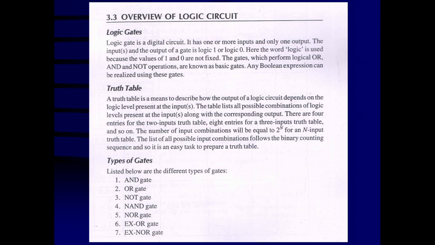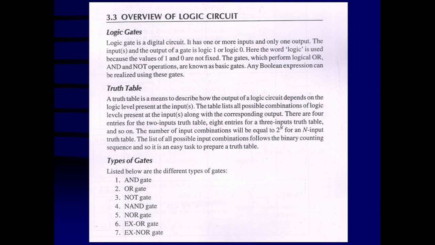There are 4 entries for a 2 input truth table, 8 entries for a 3 input truth table, and 16 entries for a 4 variable truth table, and so on. The number of input combinations will be equal to 2 raised to n for an n input truth table. The list of all possible input combinations follows the binary counting sequence, so it is an easy task to prepare a truth table.